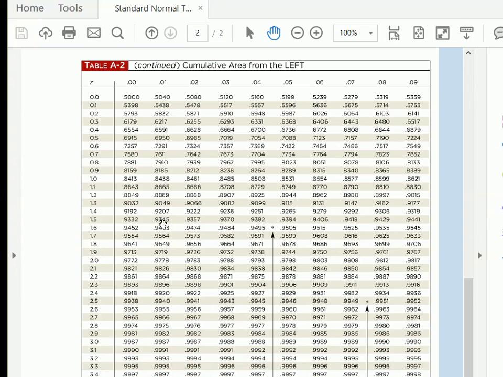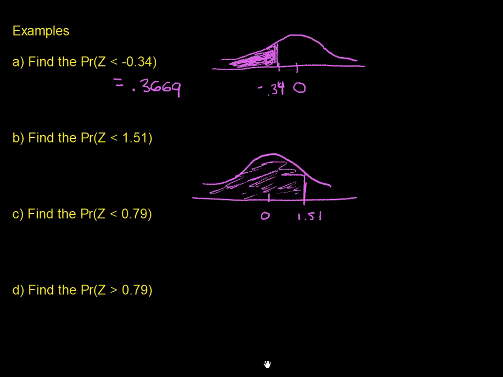It is 0.9345. So for 1.51, that's 0.9345. All right, there we go. So that's the probability that z is less than 1.51.